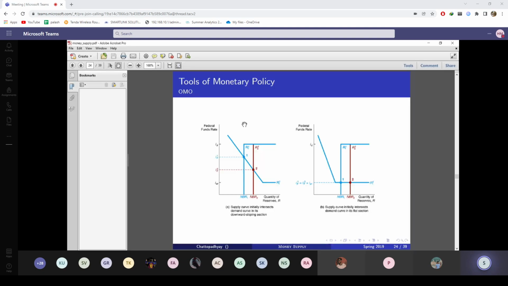ये हम लोग ISLM में भी देखे हैं. अगर मैं पैनल A ISLM में रिप्रेजेंट करूं क्या होगा? Money supply rises, open market operation takes place, reserves rise, high powered money rises, money supply rises, LM shifts down. When the LM shifts down, implication is interest rate falls, output rises.